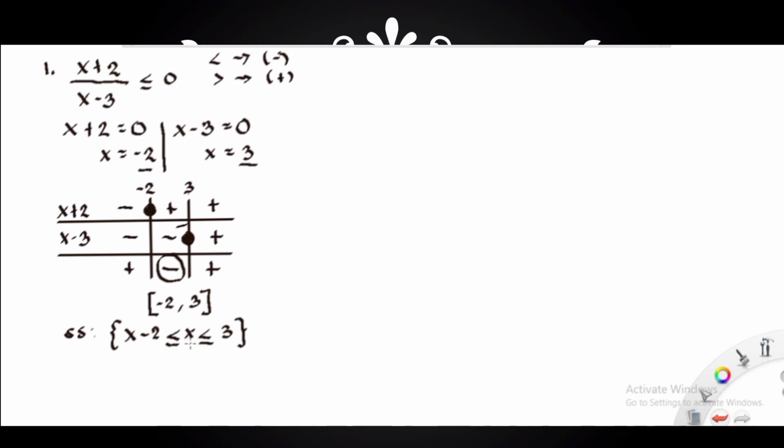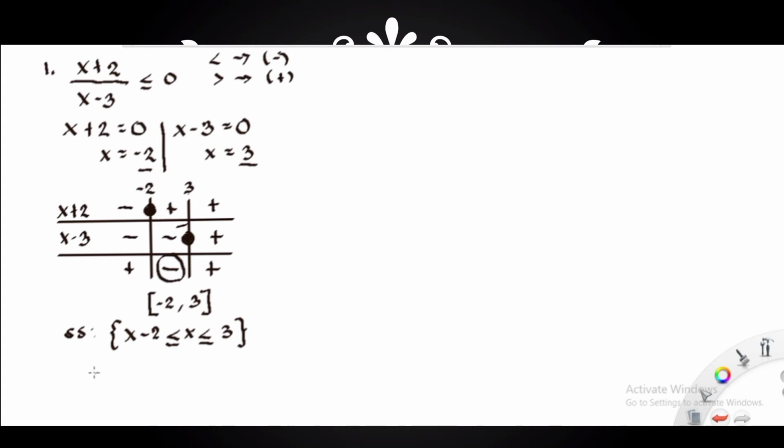X such that x is less than or equal to 3, mas mababa sa 3 dahil nasa kaliwa ng 3 yung mga numbers na yon, dahil nandun sa region na to itong negative sign, but greater than or equal to negative 2, mga numbers na mas mataas sa negative 2 dahil itong region na ito ay nasa kanan ng negative 2.